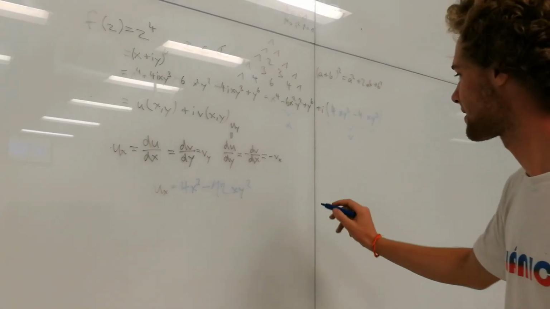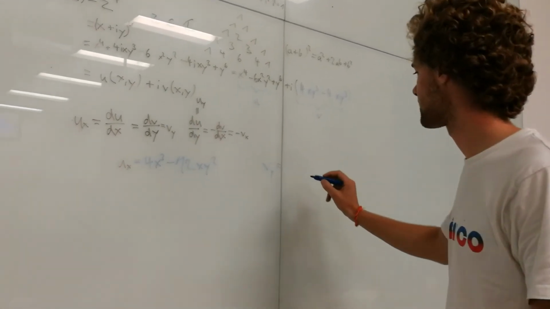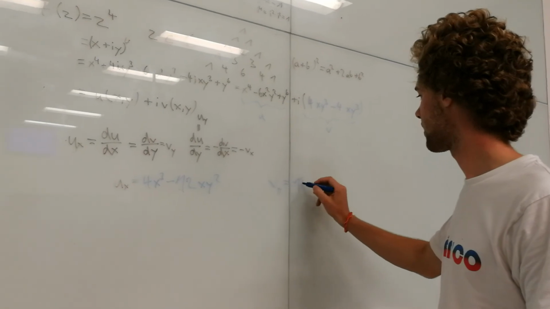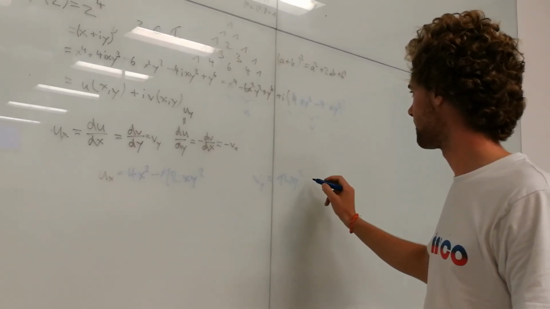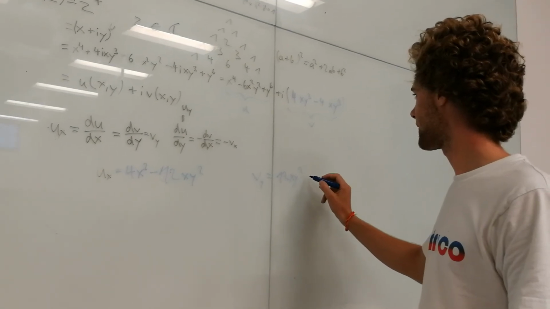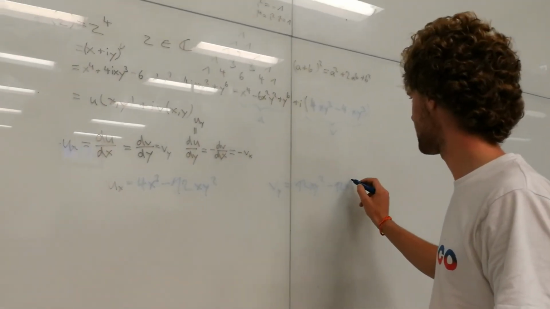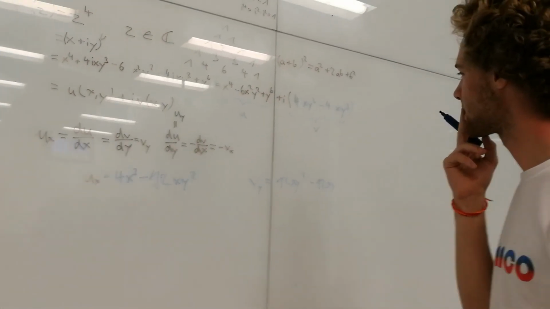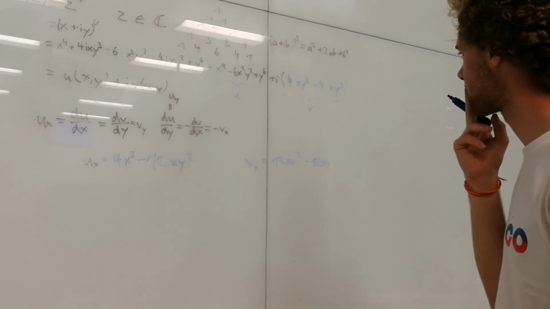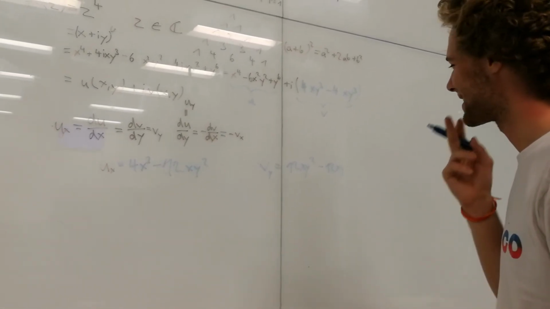This is ux, and now vy is nothing but 12x y squared minus 12x y squared. This doesn't really make sense. Should we derive it with respect to x? Maybe. Alright.